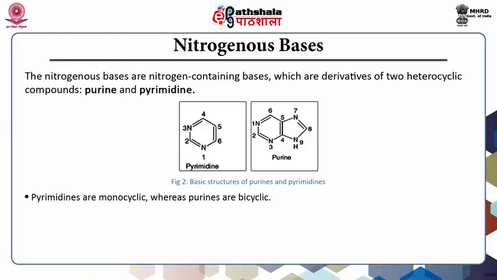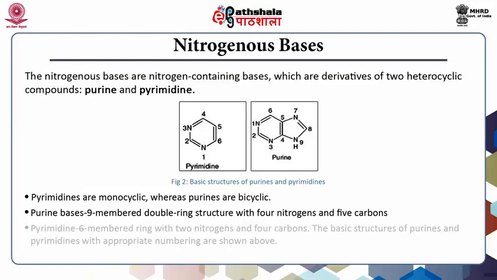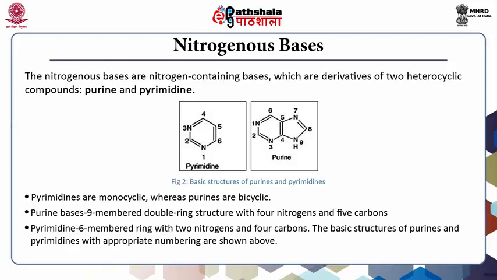Pyrimidines are monocyclic, whereas purines are bicyclic. These bases are polyfunctional in nature. Purine bases are composed of 9-membered double ring structure with 4 nitrogens and 5 carbons, while pyrimidine bases are composed of 6-membered ring with 2 nitrogens and 4 carbons.